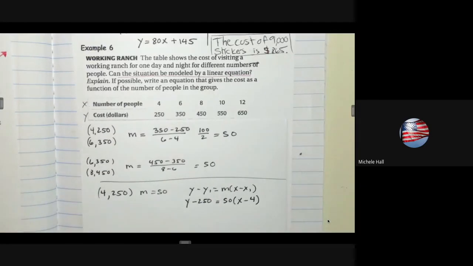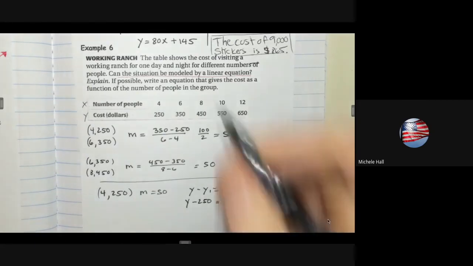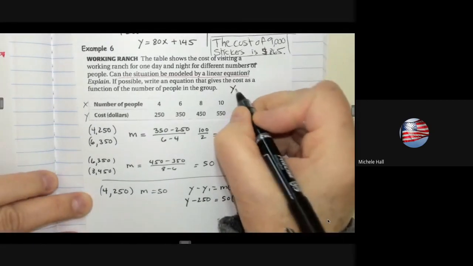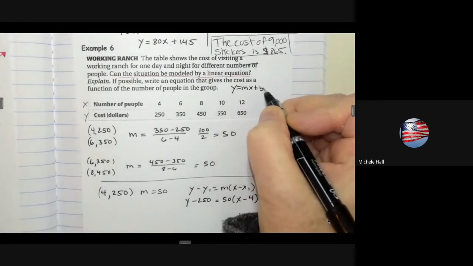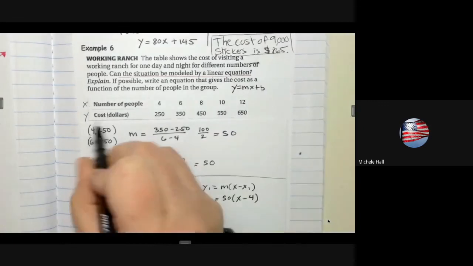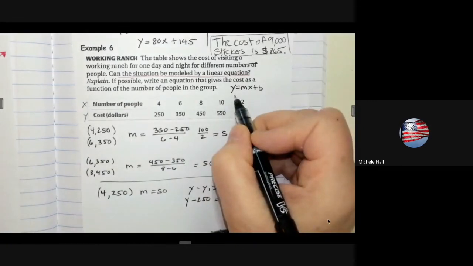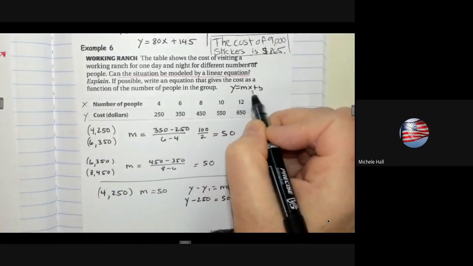If it's possible, write an equation that gives the cost as a function of the number of people. So we need to put this into y equals mx plus b. We want to see the cost, y, as a function of the number of people, x.